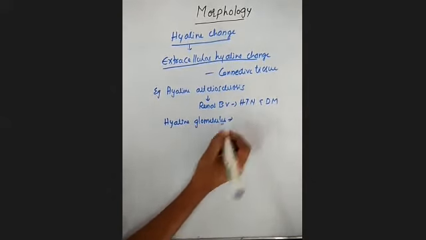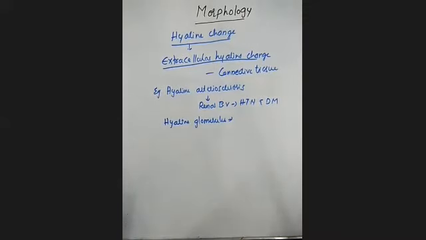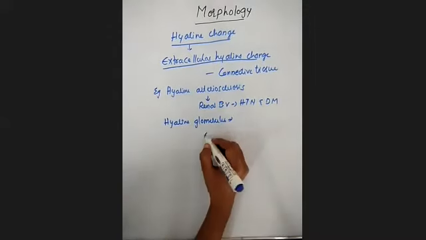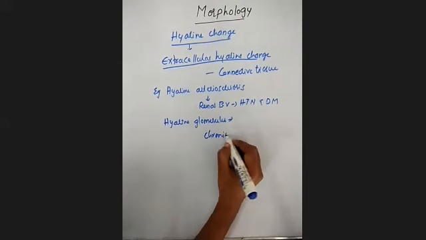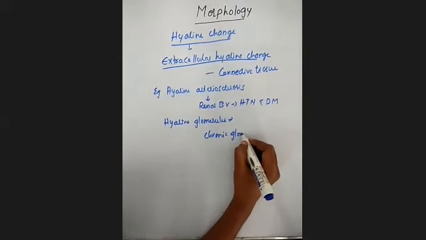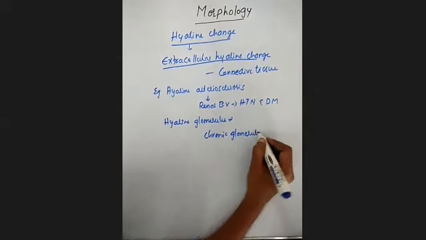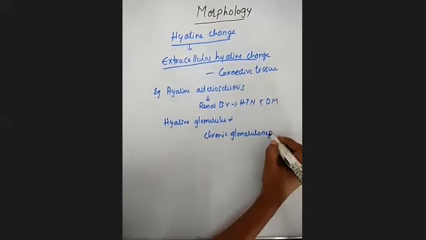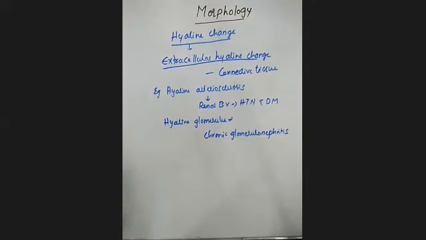You observe this hyaline glomerulus in chronic glomerulonephritis. That means during disease conditions, this hyaline change is observed in the pathological condition. Clear?